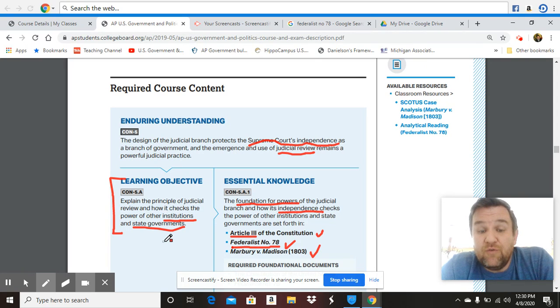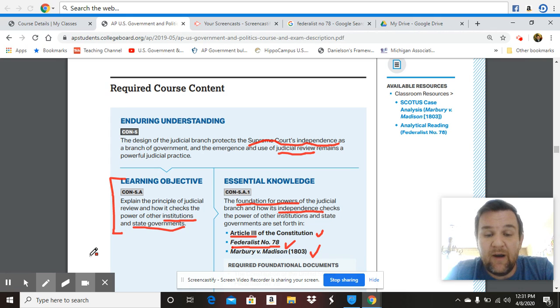It has neither power to declare war, make laws, right, or to tax or to fund government. It's merely there to interpret the laws, right? So even though it's the weakest branch of government, it's going to be responsible for holding the other two branches accountable, right? Marbury versus Madison, judicial review.